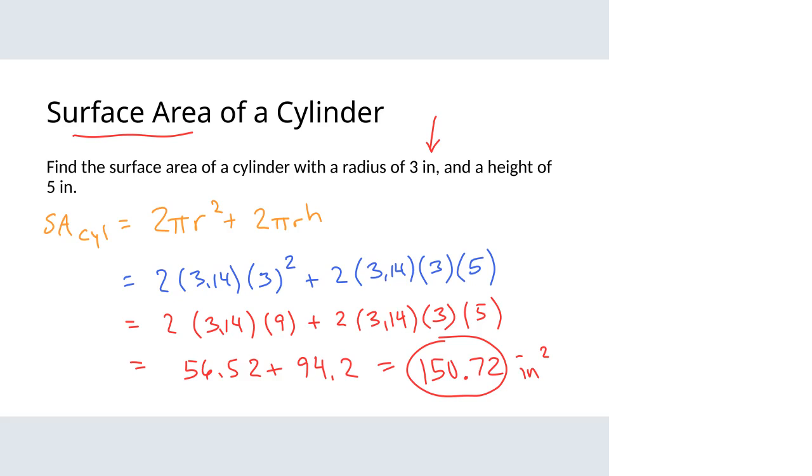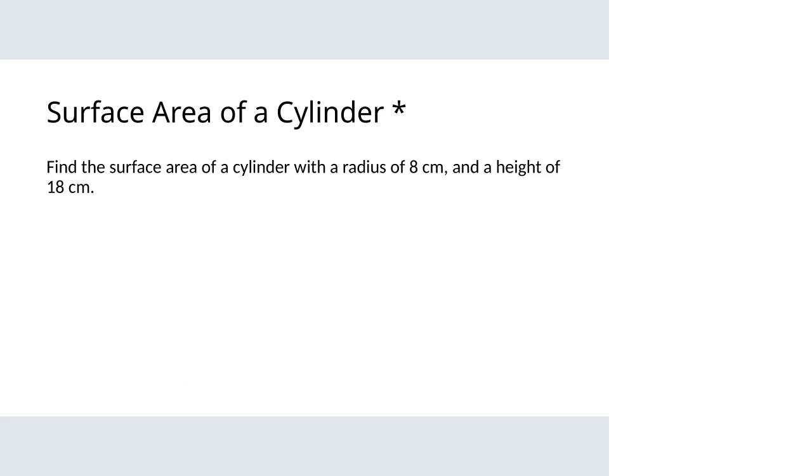All right, here goes. Find the surface area of a cylinder with a radius of 8 centimeters and a height of 18 centimeters. I'll create a poll for this and let you try it.